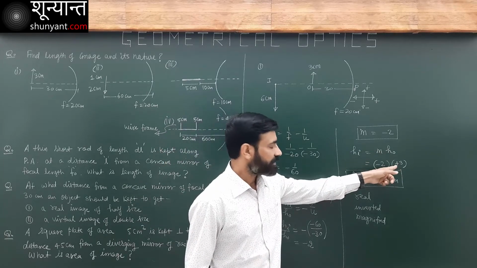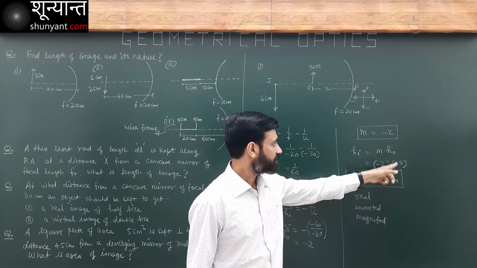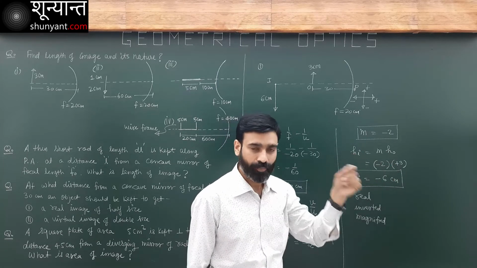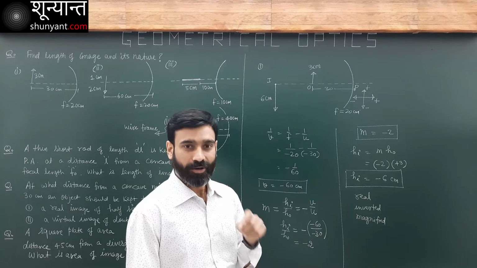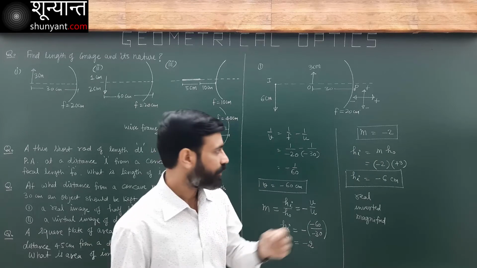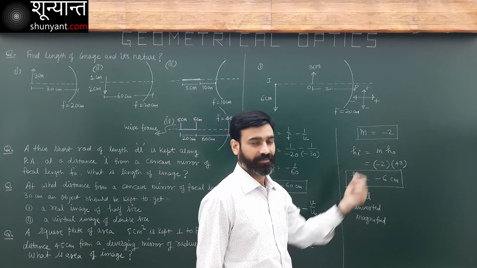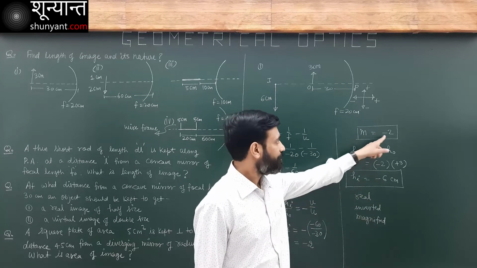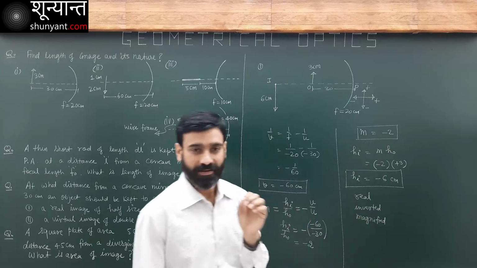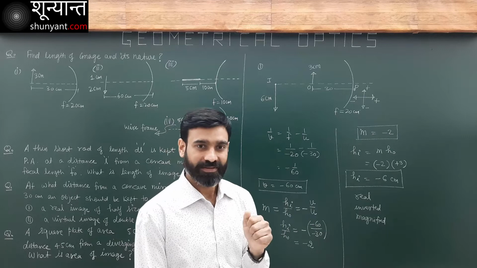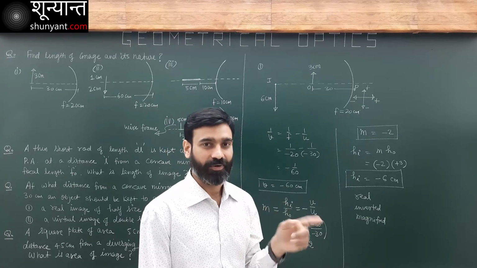If height of object is negative, height of image will become positive. All of that is happening because of this minus sign. The minus sign tells us whether the image is going to be erect or inverted.